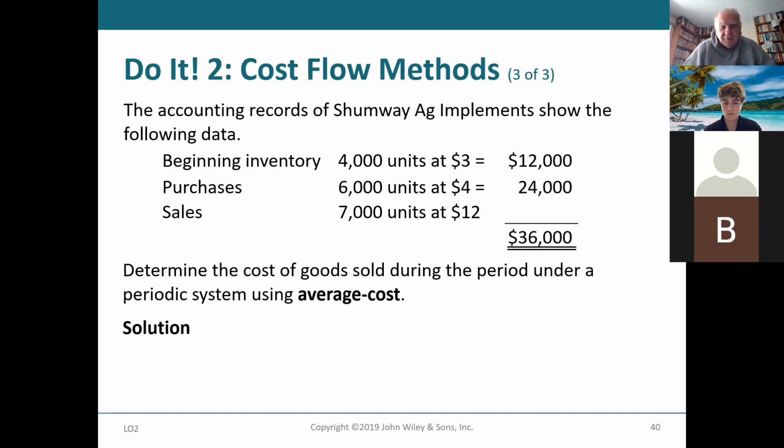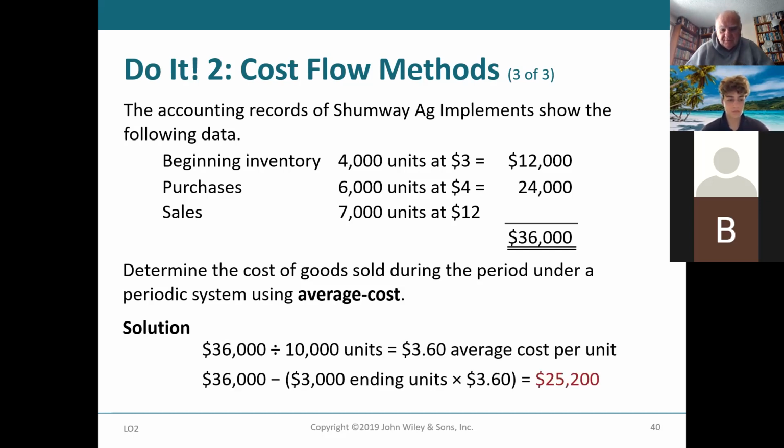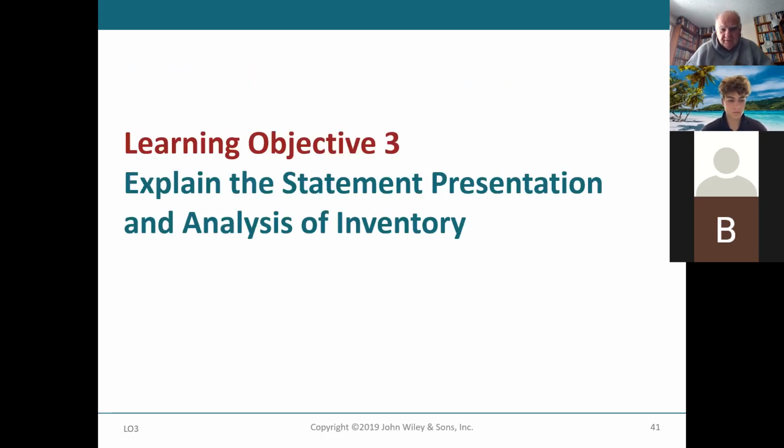We had a beginning inventory of 4,000 plus 6,000 is 10,000. That's 10,000 units, or $3.60 apiece. 36,000 divided by 10,000 is $3.60. All we're going to do is multiply 3.6 times 7 to get the cost of sales and 3.6 times 3 to get the ending inventory. That's all we need to do there.